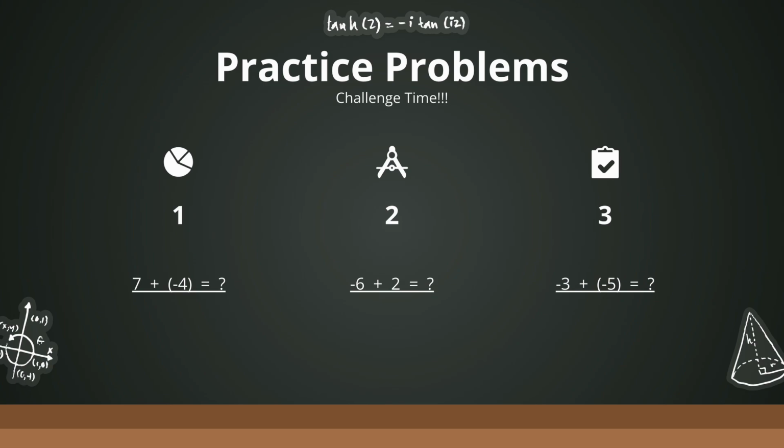And then question 3, where we use the rule of same sign. When adding numbers with the same sign, just add their values and keep the sign. So the correct answer for question 3 is just going to be -8.